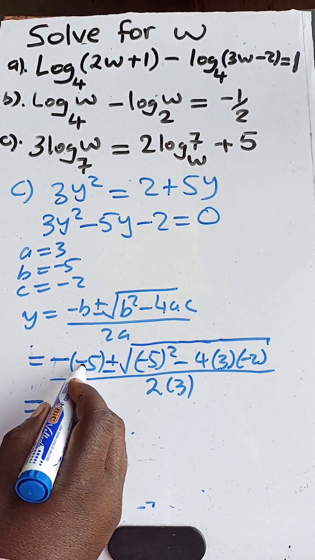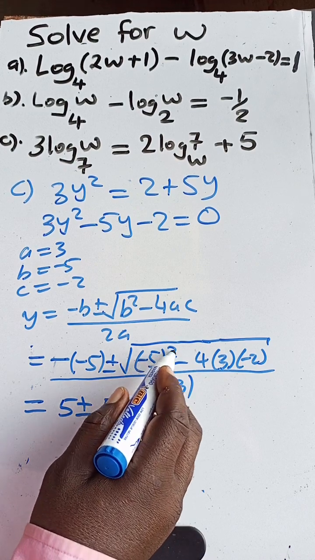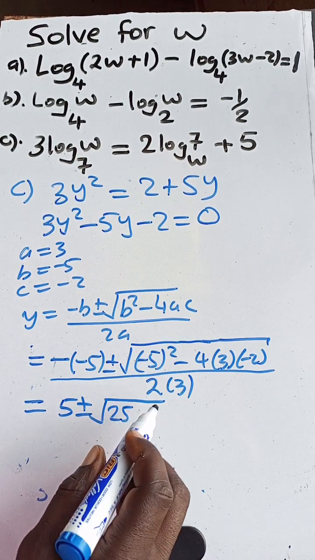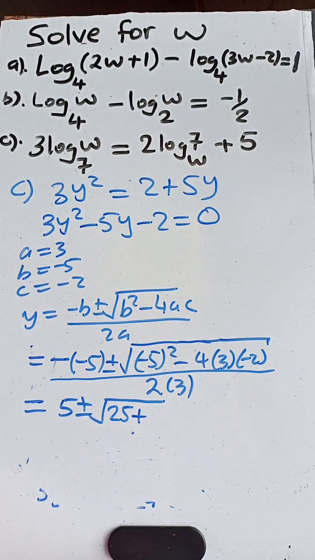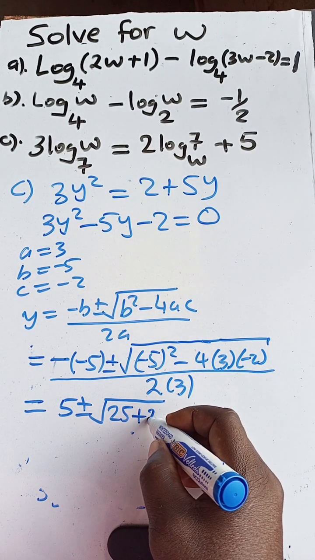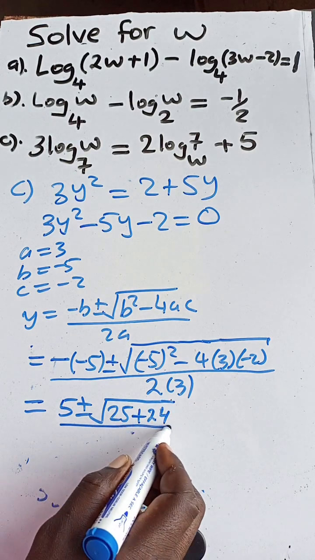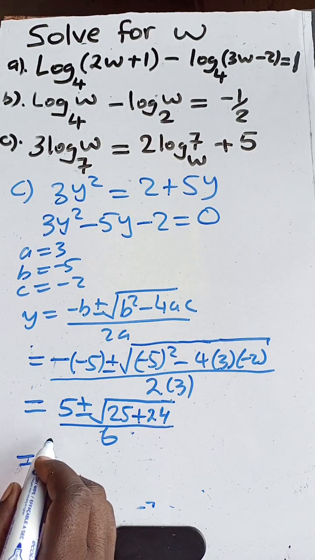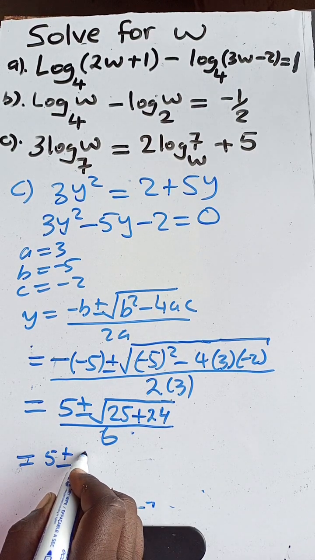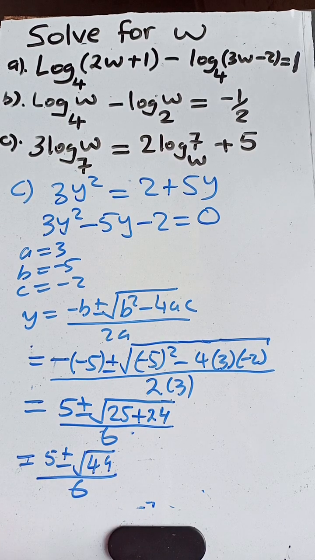Negative multiplied to negative is 5 plus minus the root of negative 5 squared, 25. Negative multiplied to negative, plus 4 multiplied to 3 is 12, 12 multiplied to 2, 24. All over 6. So you have 5 plus minus root 49 all over 6.